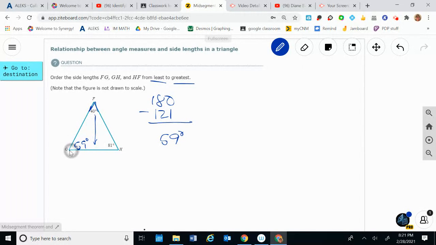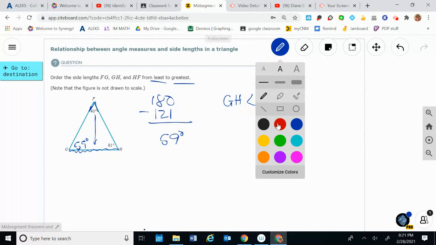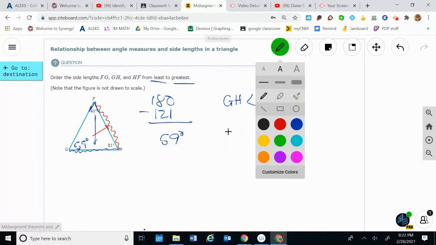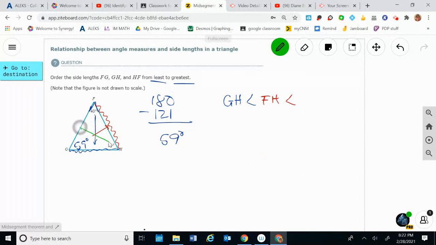It's this one, so GH is less than. Next, 59 goes to this side, FH, is less than. Last, 81 goes here, GF. Okay, next.